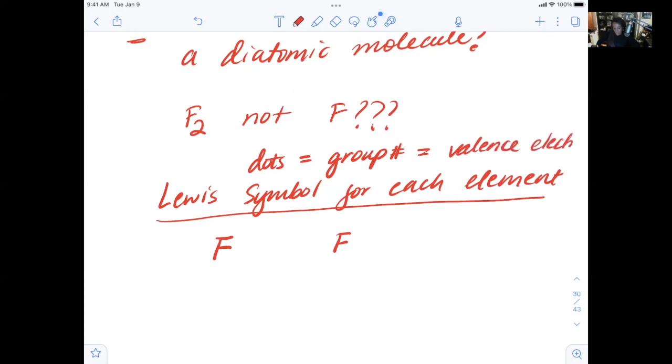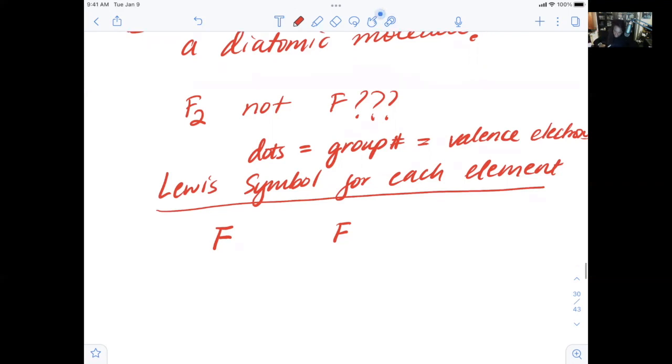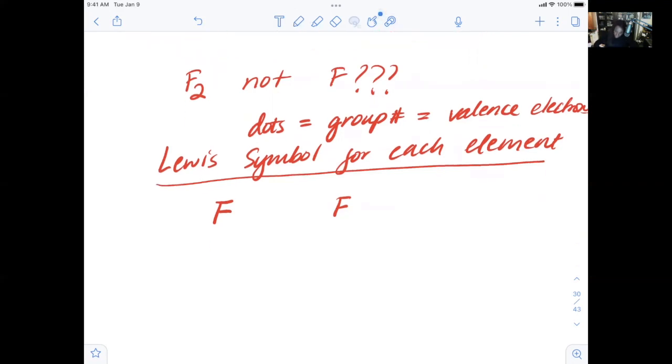Lewis also introduced the idea of a Lewis symbol for the element, which is essentially the element symbol surrounded by dots, and those dots are equal to the group number or the valence electrons.